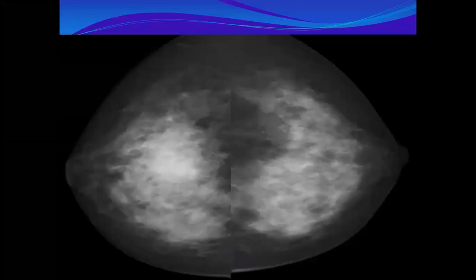Okay, this is my patient. Any volunteer? Can you appreciate any abnormality? I think asymmetry in the nipple. Heidi. Asymmetry in the nipple. Which nipple?